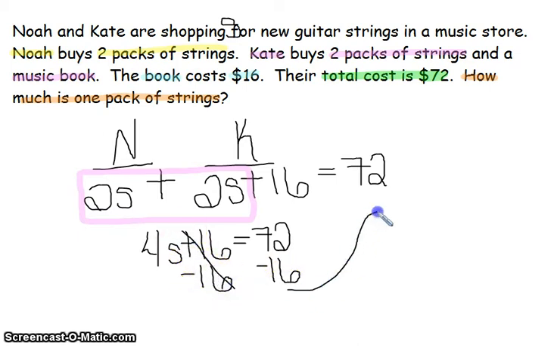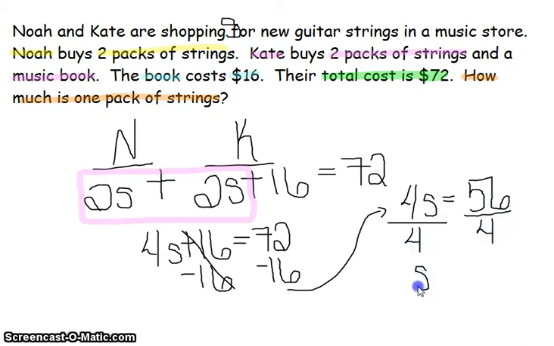Again, I'm going to write my work over here. 4S is what we have left on the left-hand side, equals 72 minus 16, which gives you 56. The last thing you have to do is the inverse operation of multiplying by 4, which is to divide by 4.